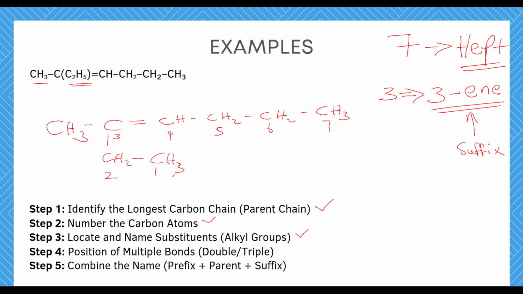Yes, sir. And I told you that anyone that is not part of the main chain is a substituent or branch, right? Do you remember that? Yes, sir. Good. So now I'm asking you, is there any branch in this structure? Look closely and tell me. Yes, sir. Where?